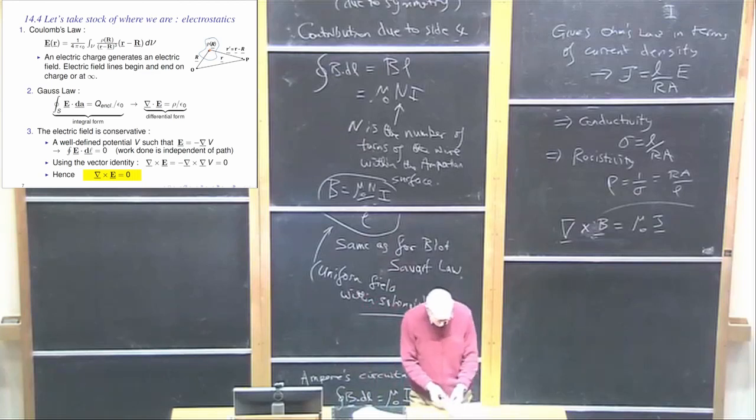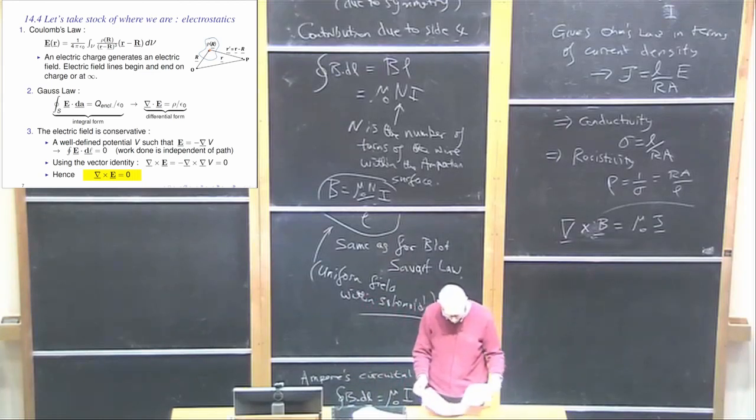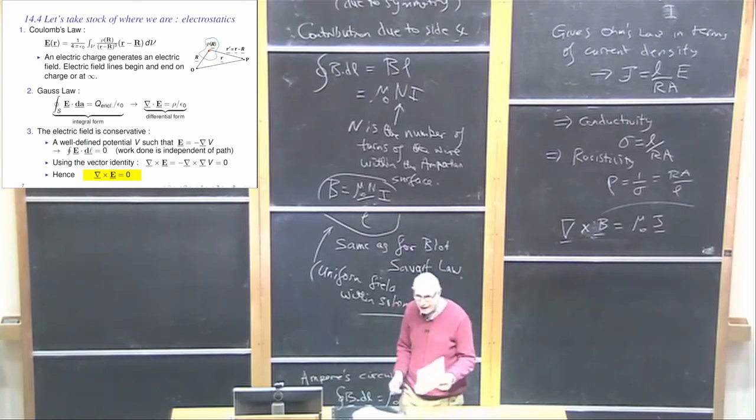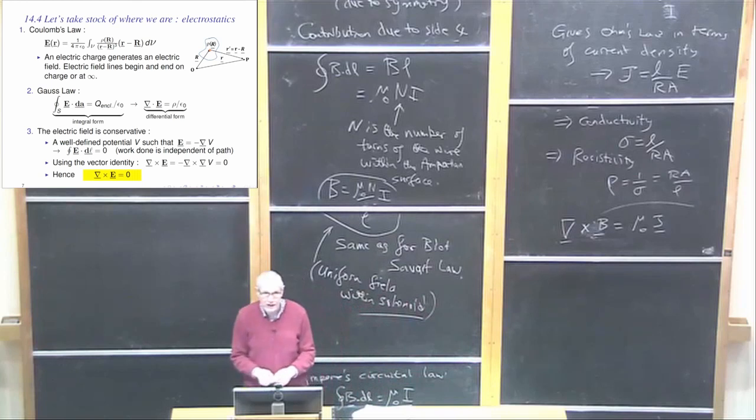I'm probably going to get on to magnetic induction now, because all I'm doing is summarising where we're at. So we've done Coulomb's law. It's a question of making something very easy look rather complicated.